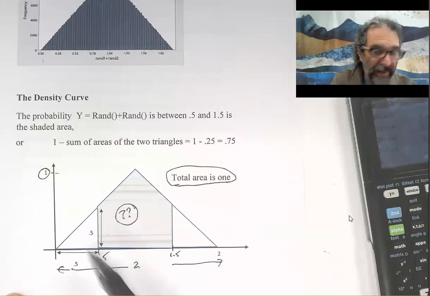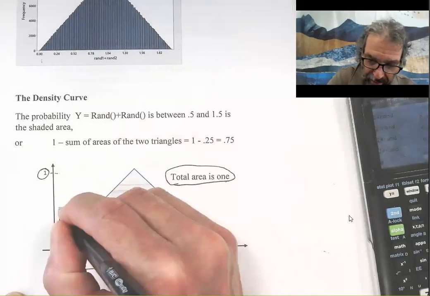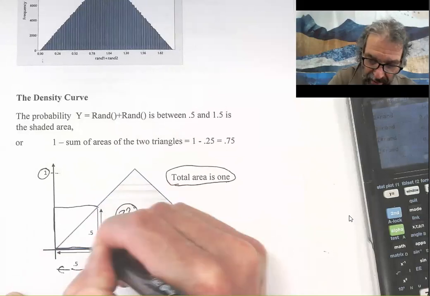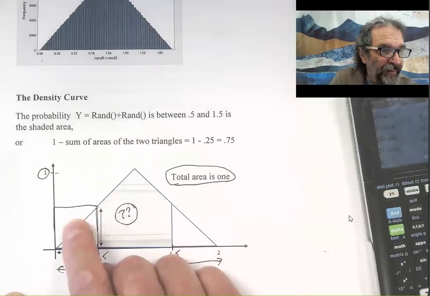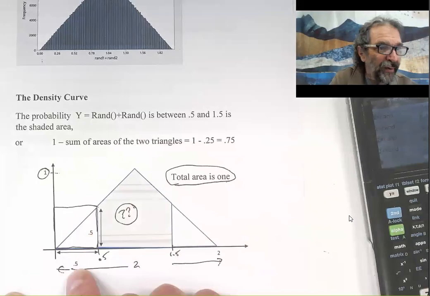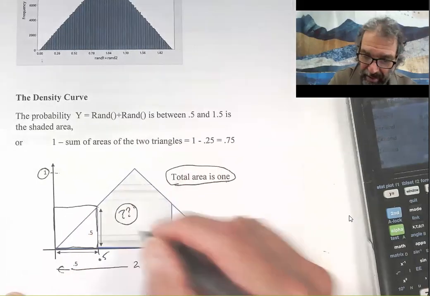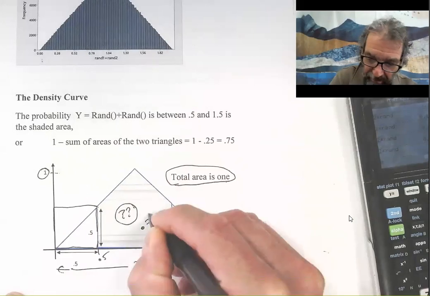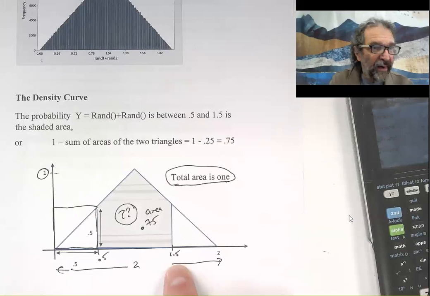And so if we added them together, here's an even sneakier way. 2 of them together would make a square like this. So I take this one and put it over here to get the total of the 2 of them. Then it'd be a square of sides 0.5. So 0.5 times 0.5 would be the area, was 0.25. And then this area here then is 0.75. And so the probability that rand plus rand lies between 0.5 and 1.5 is 0.75.